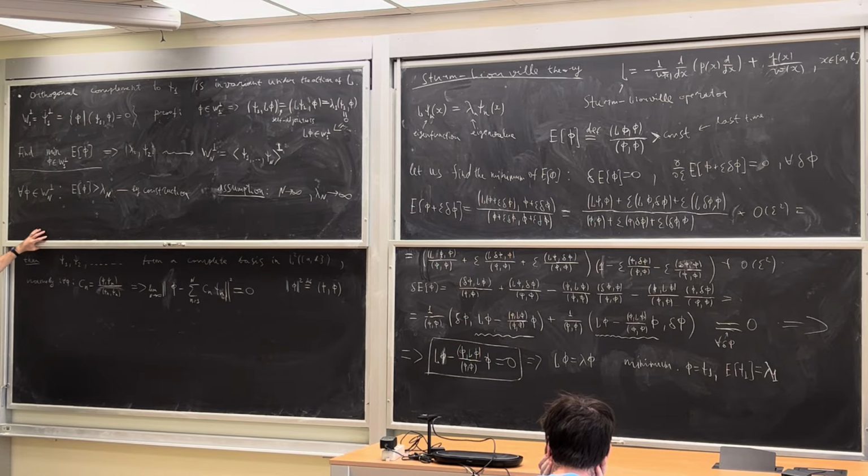Do you have any questions about this theorem? Question: is the fact that there are infinitely many eigenfunctions and eigenvalues something that follows from what we already said? It follows, but we have not proved it yet. In principle, this applies to any operator.